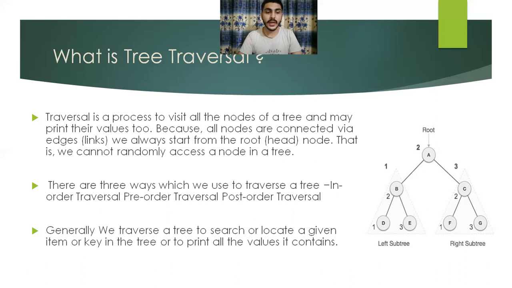That is, we cannot randomly access a node in a tree. There are three ways which we use to traverse a tree: in-order traversal, pre-order traversal, post-order traversal. Generally, we traverse a tree to search or locate a given item or key in the tree, or to print all the values it contains.